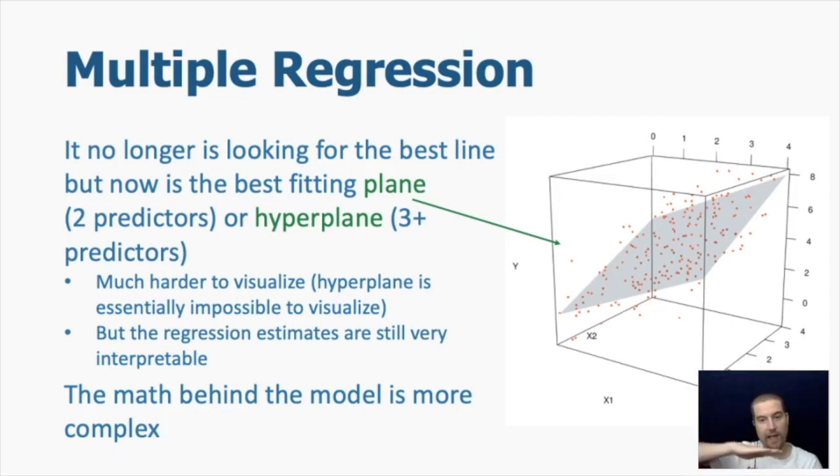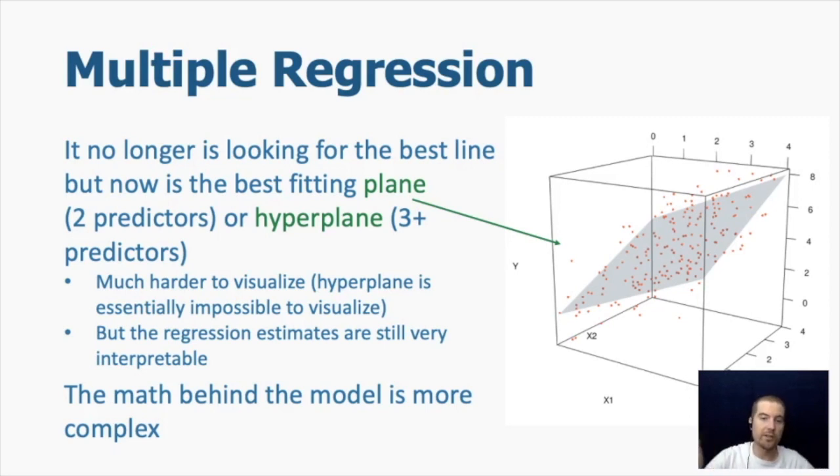So kind of a flat surface, or a hyperplane, which when you have three or more predictors, can't really picture a four-dimensional object. So it ends up becoming a little bit more complicated of a model. Instead of just looking at a line, now we're looking at a plane or a hyperplane in more dimensions.